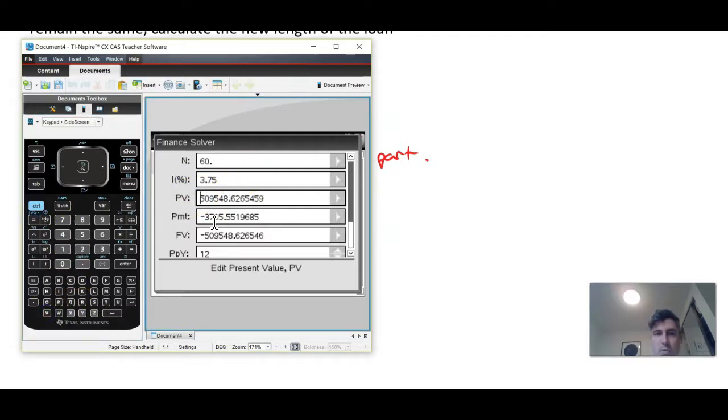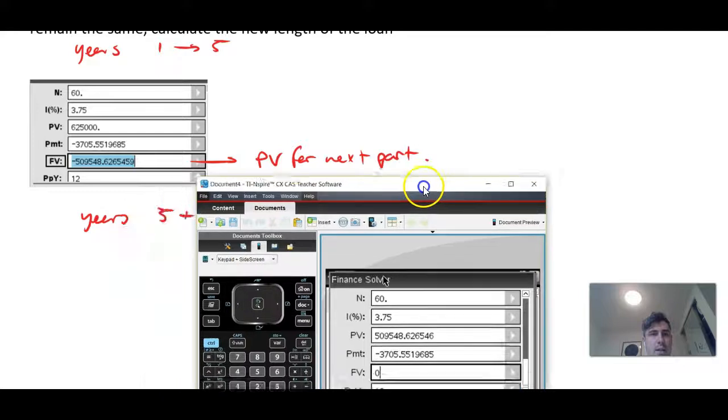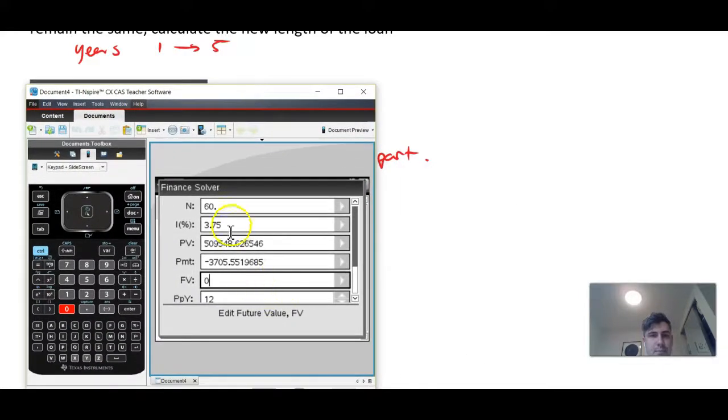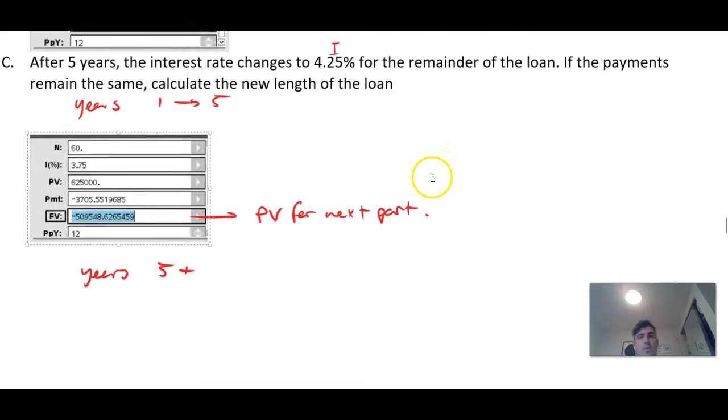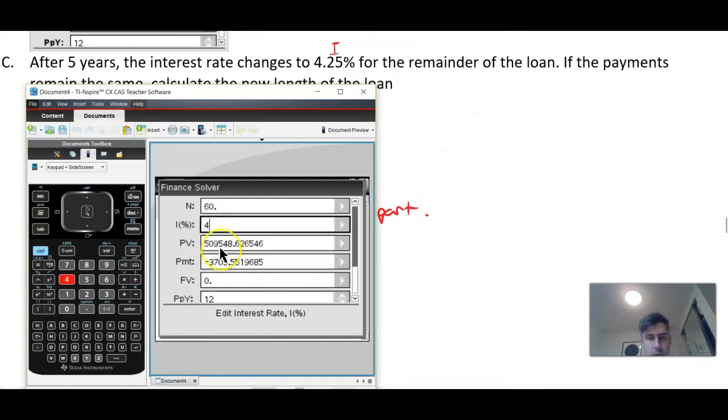Remember to remove the sign because we owe that to the bank. We're then going to put 0 on there, and change the interest rate to 4.25%. This is where we're going to leave N as blank because we want to know how long the loan is going to be.